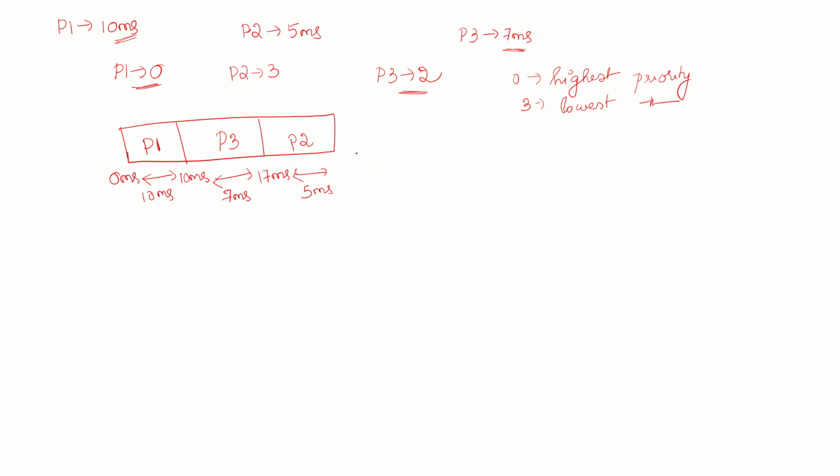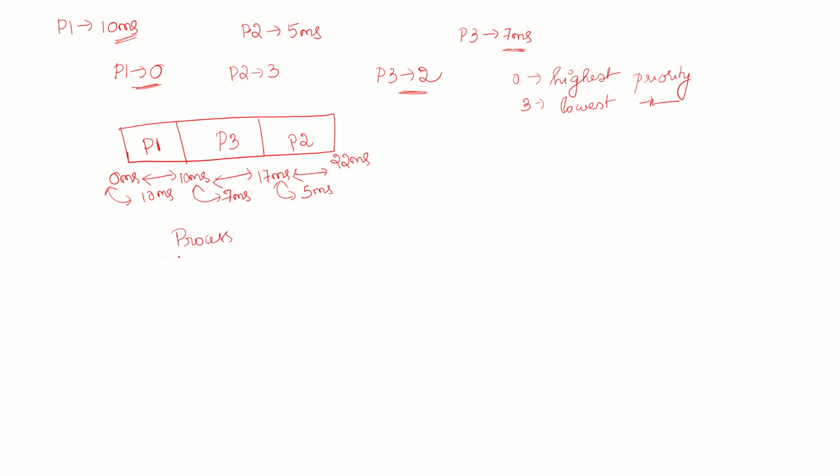So P2 completes at 22 milliseconds. So for the turnaround time, you can add these two values. This is a shortcut, but you have to write this particular rectangular box and these values properly. Then only you can calculate turnaround time correctly. Otherwise, you will go wrong.